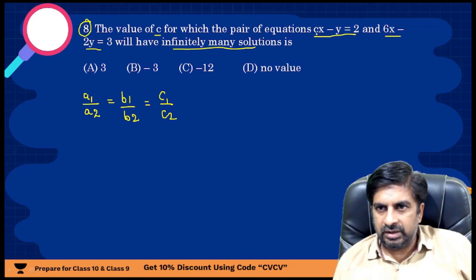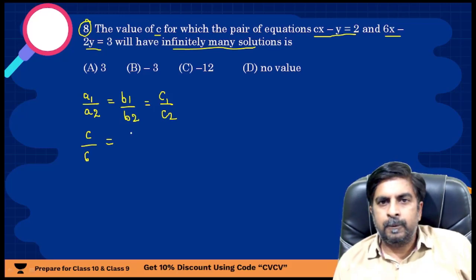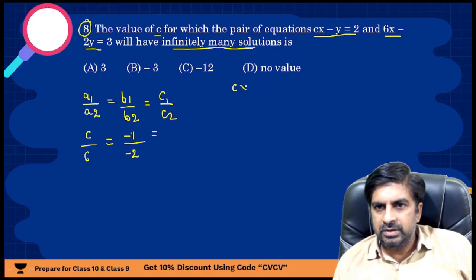First you need to understand here, a1 upon a2 is c upon 6, and b1 is minus 1, b2 is minus 2, and c you can take on this side. Let me make it in the standard form: cx minus y minus 2 equals 0, and the other equation cx minus 2y minus 3 equals 0.